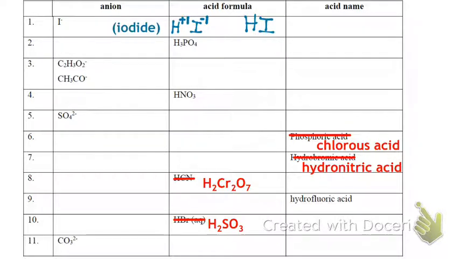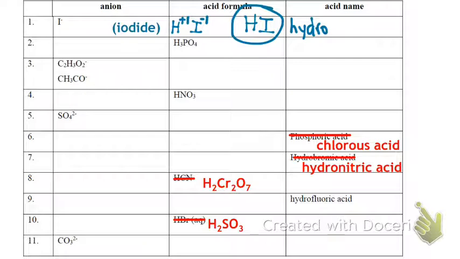Now, writing my name is going to be a little bit more complicated, but I have to just think about that acid. First thing I have to decide, is it binary or does it have a polyatomic in it? And this one's just binary. So the first thing to start with when it's binary, when there's no O's in that acid, we start our name with hydro. And then all of these acids end the same way with the element name and then ic acid.